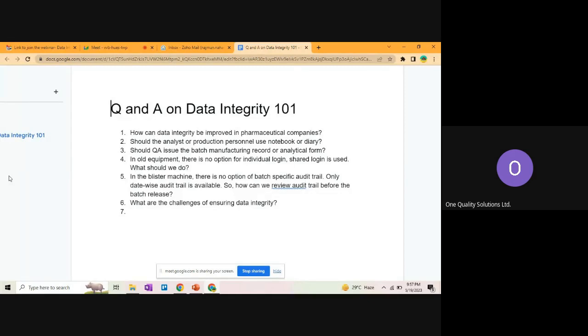Next question: is it mandatory to implement 21 CFR Part 11 to all production equipment? You have to perform a risk assessment first. Then you have to define the critical process parameters and CQA.